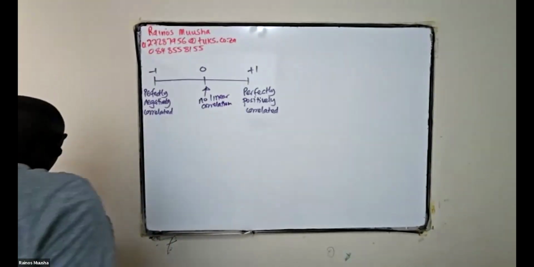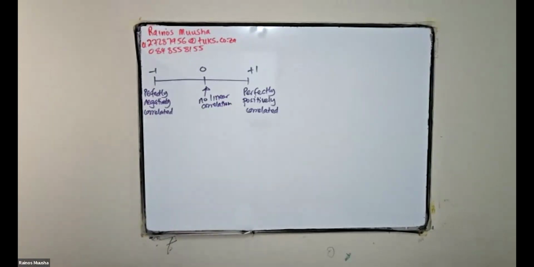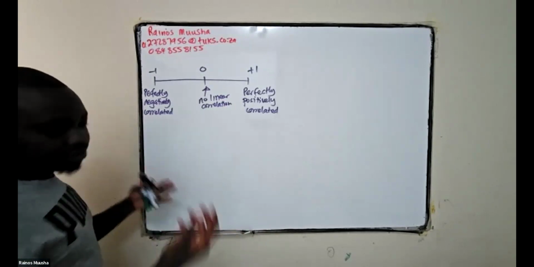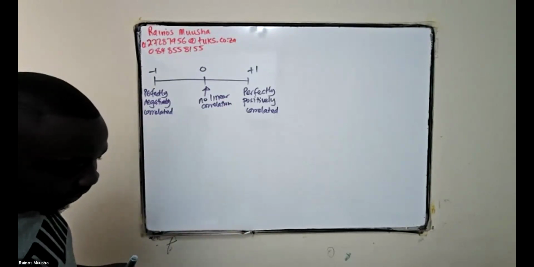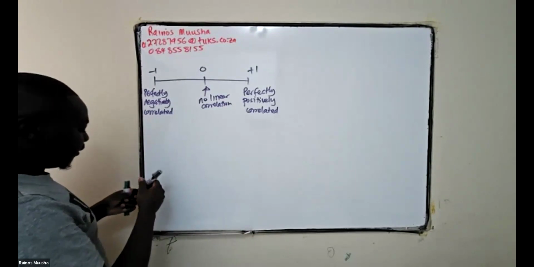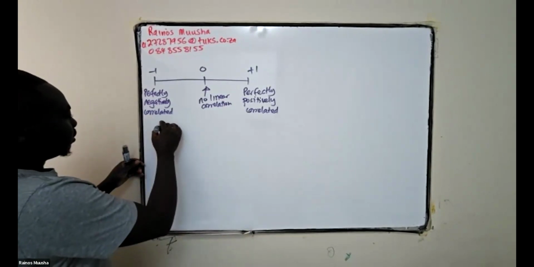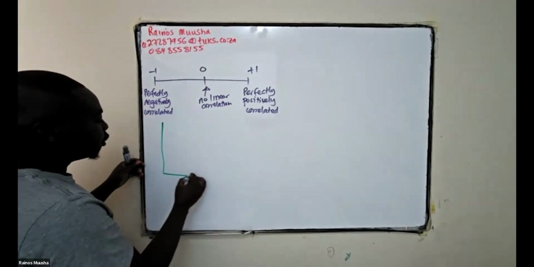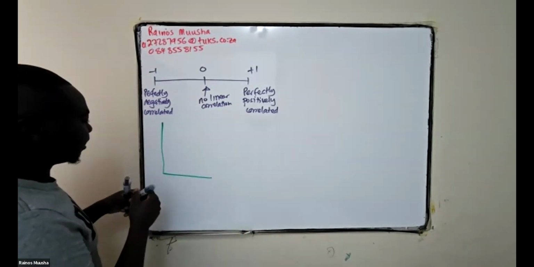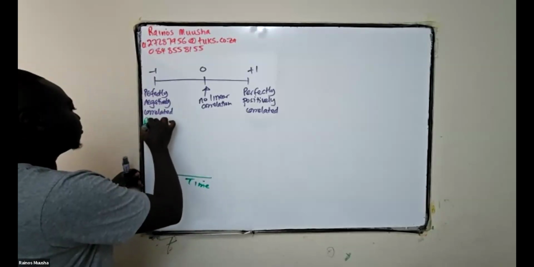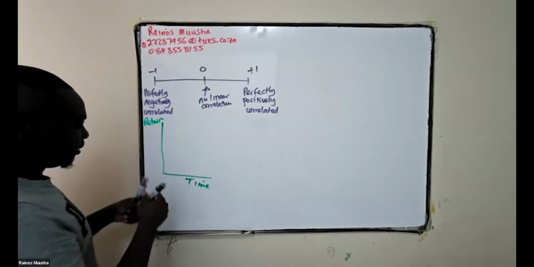Now, to explain what we mean by the correlation being perfectly or positively correlated, we use an example of the return between two assets over time. So over time, we look at the return between two assets.